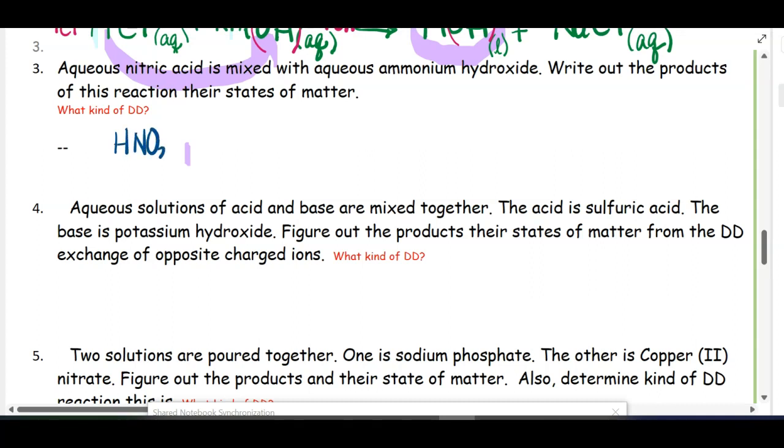And it says it's aqueous, so I know to put AQ after it. Says it's mixed with aqueous ammonium hydroxide. When I look on the polyatomic ion chart, ammonium is the only positive polyatomic ion that we use. And it said the other is OH.